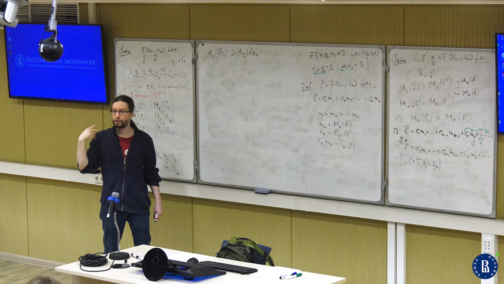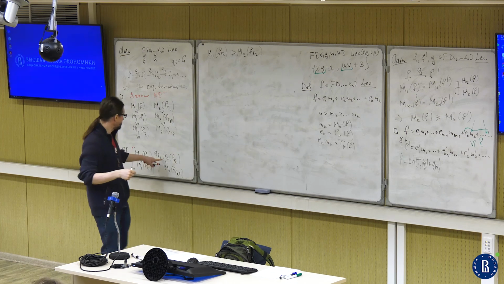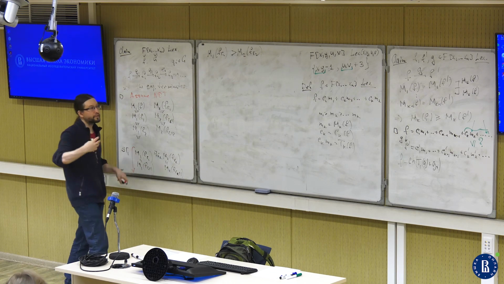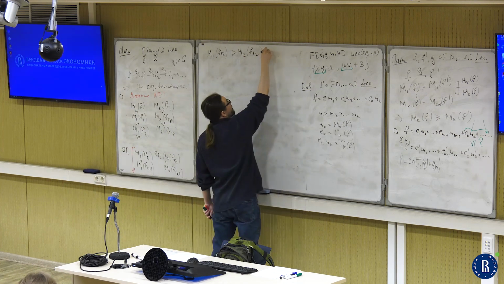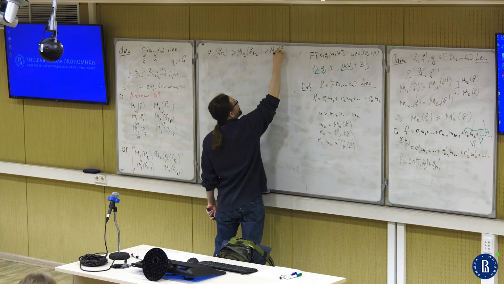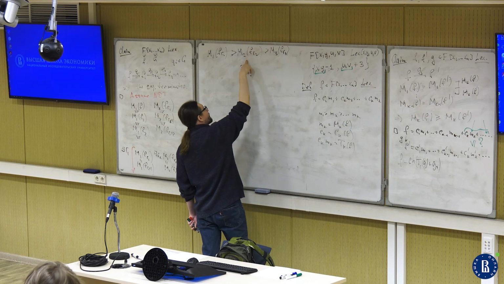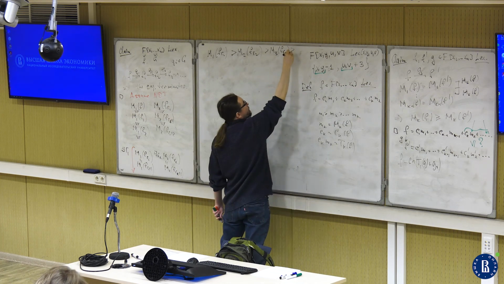So just by the choice of the monomials, the monomial here is strictly smaller than the monomial here. And if we repeat this procedure, we will get M3 of f for some step R3, which is strictly smaller than M2, and so on.